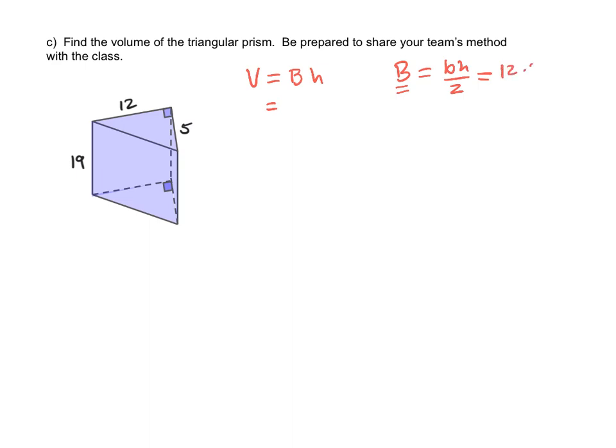So that's 12 times 5 divided by 2, which will give me 30. So the area of the base is 30 times the height, which is 19. So I need to take times 19, and that's going to equal 570. And that will be units cubed.